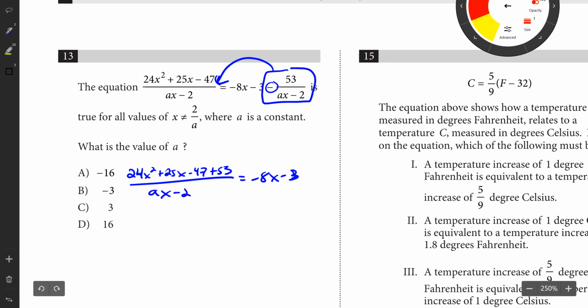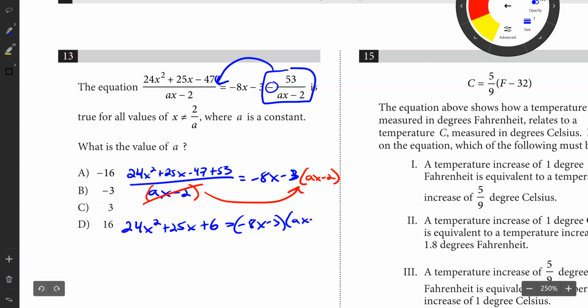Now I would take this and multiply it to the other side. So I would get ax minus 2 over here. On the left, I'm going to have 24x squared plus 25x plus 6. And on the right side, I'm going to have negative 8x minus 3 times ax minus 2.